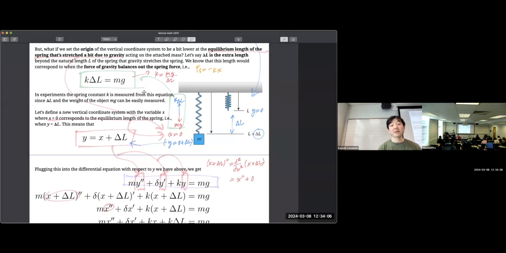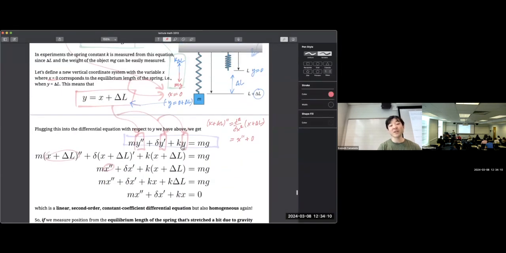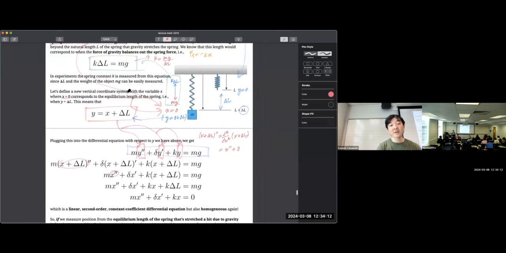Because the delta L comes from this being satisfied. So it means that these two quantities here are going to cancel each other.